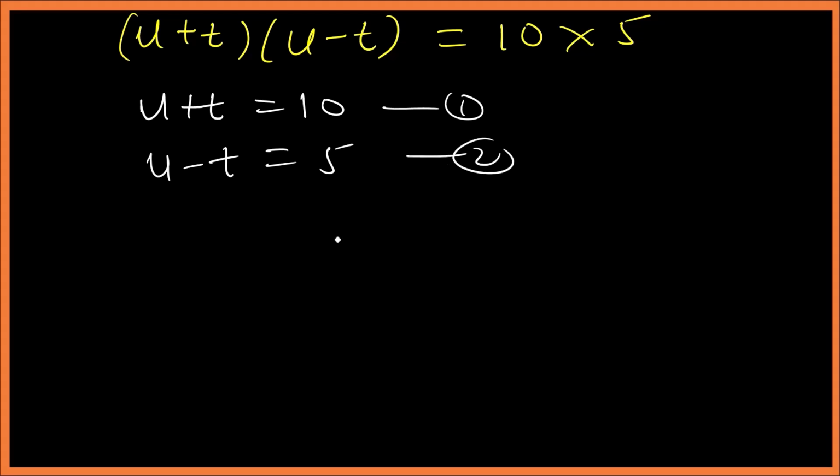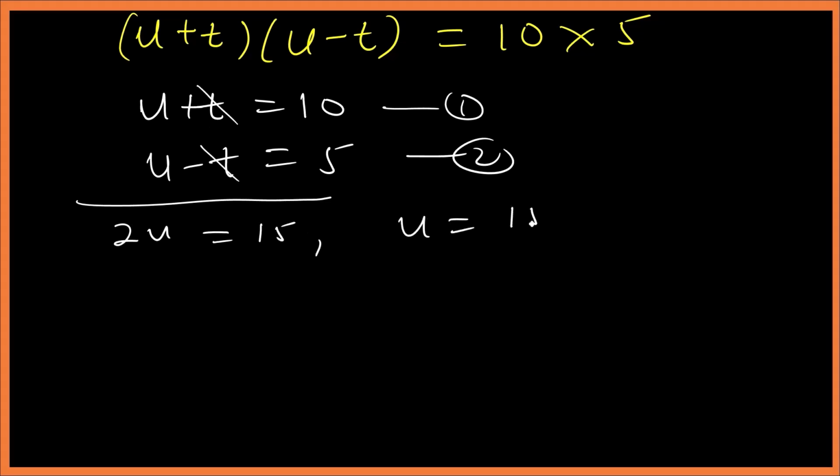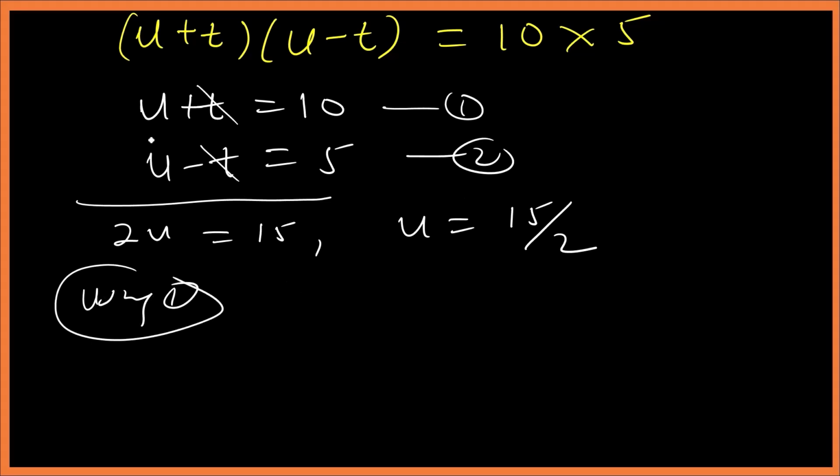Now let's add the two equations. This side will be 2u, this one will go, equals 15. Therefore u is 15 on 2. Using equation 1, let's plug in u, that is 15 on 2 plus t equals 10.